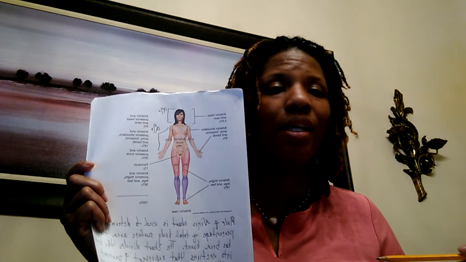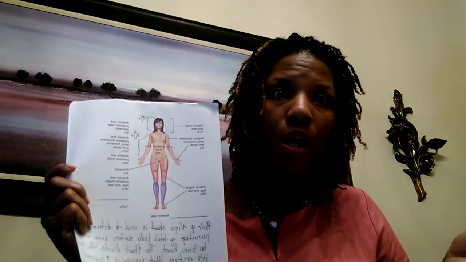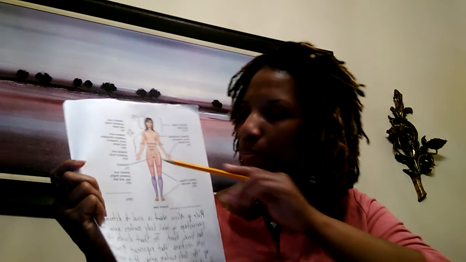You get 18 for the front, and then you get 18 for the back, which gives you the 36% for the trunk of the body. Then we have your perineum area. So you just get a total of 1% for your perineal area. Oddball, right? But you only get 1% for your perineum area.